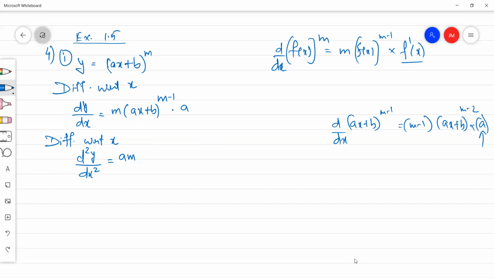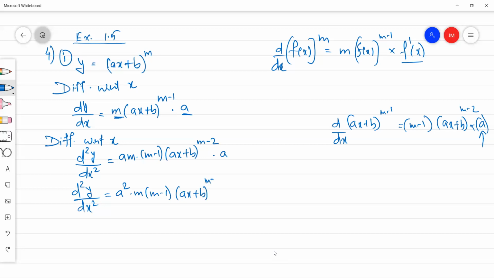So you have am, this constant, and this constant, the derivative of this, I will get m minus 1 ax plus b raised to m minus 2 into the derivative of ax plus b, which is a. So you have therefore d2y by dx2 is equal to a square, a into a is a square, then m into m minus 1 ax plus b raised to m minus 2.